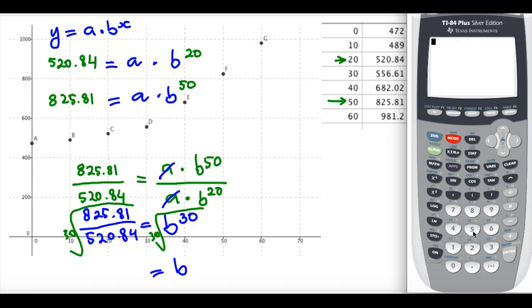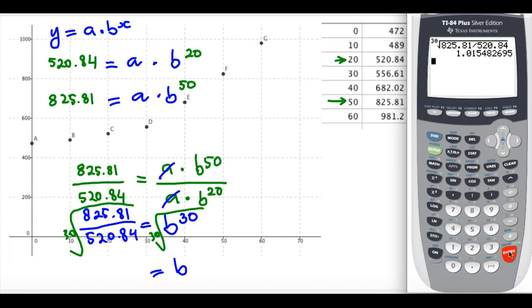We will have to type first 30 because we are looking for the 30th root, and then afterwards we press math and choose number 5. So in this case we are going to take the 30th root of 825.81 divided by 520.84.